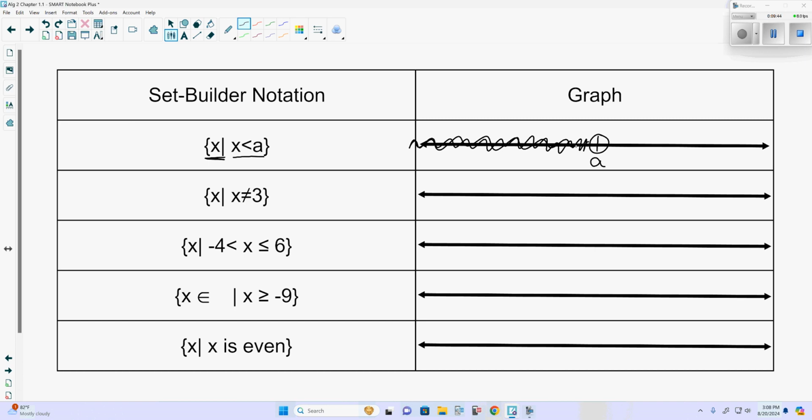So again, brace x here, brace x. All that's saying is the set of all real numbers x, such that what? X is not equal to 3. So what is that? All right. So it could be 4. It could be 7. It could be pi.